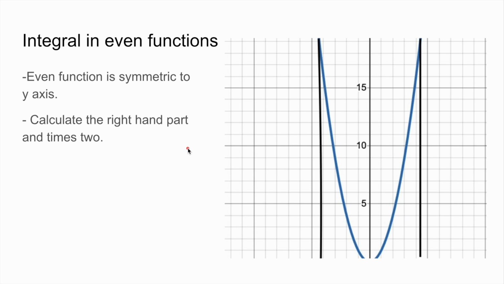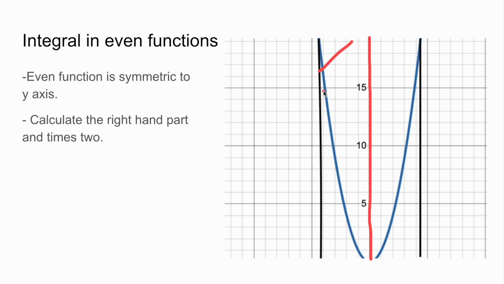And the integral of even functions. For an even function, we know that it is symmetrical about the y-axis, so we do not have to calculate both halves. You could forget about the left side or the right side.